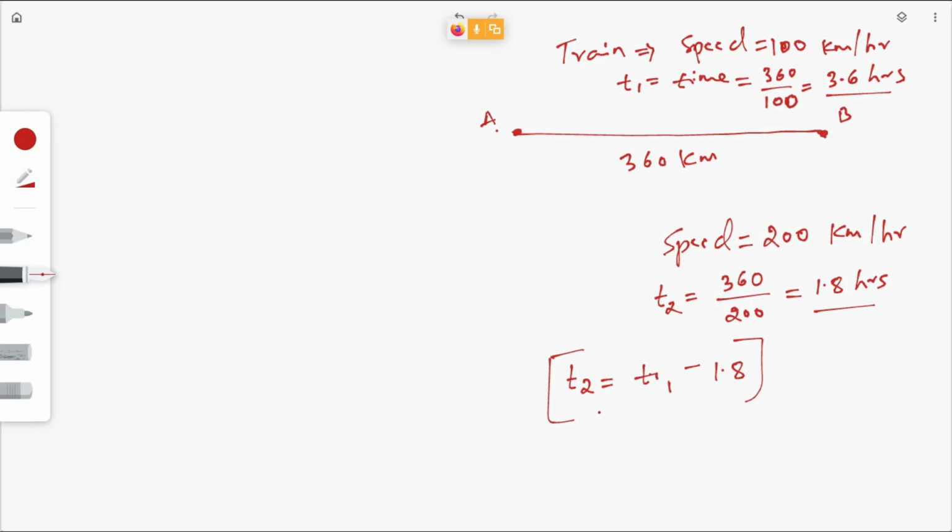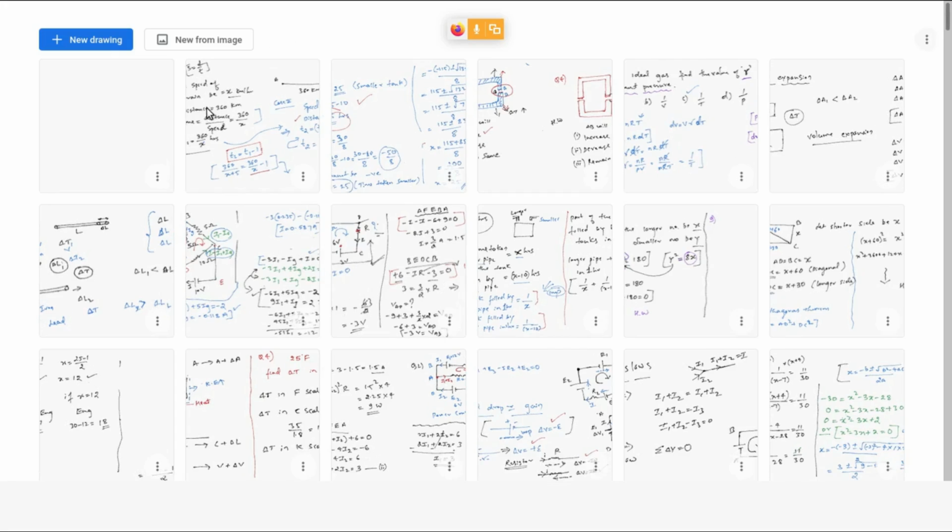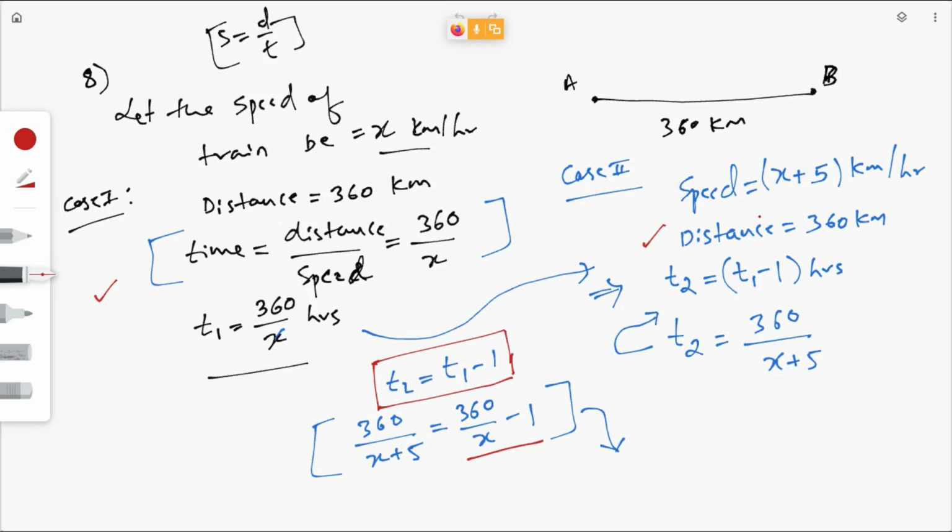Now this T2 is the same as this, and this T1 is this. Similarly here, the speed of the train is x and here it is x plus 5.